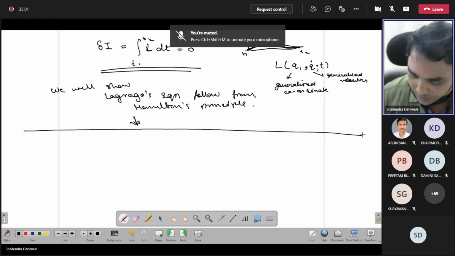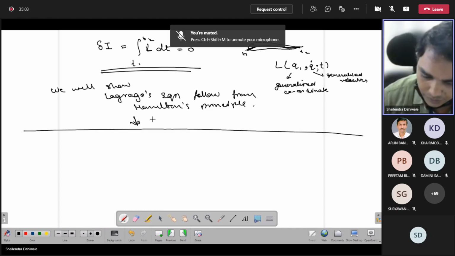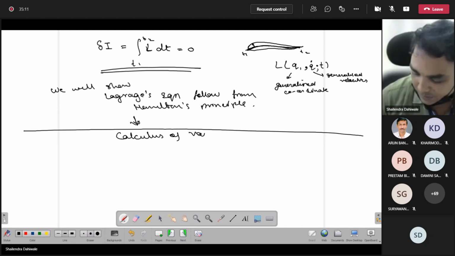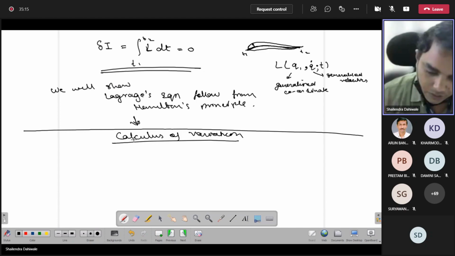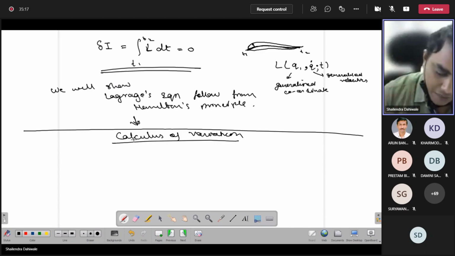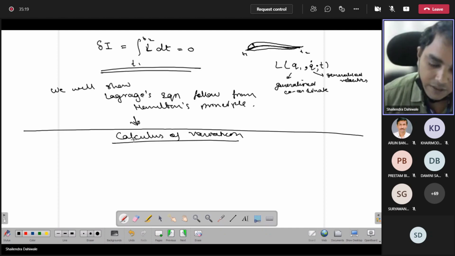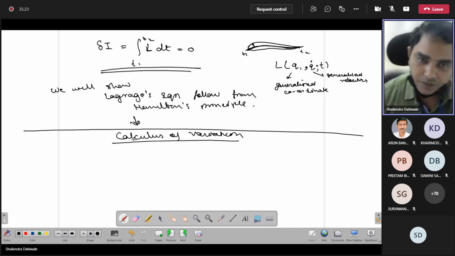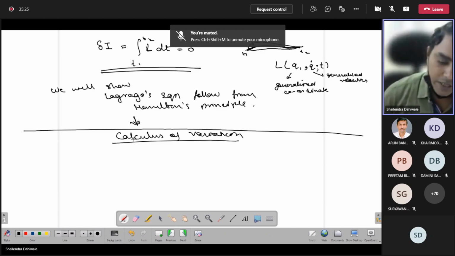So we will try to show this from calculus of variation. Our main aim is to find the integral, and for that integral, if I try to get the variation, that variation should be 0.